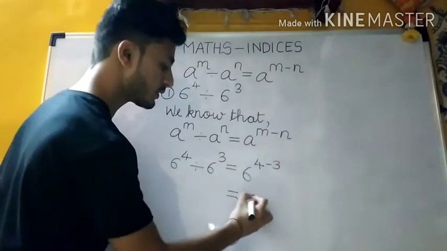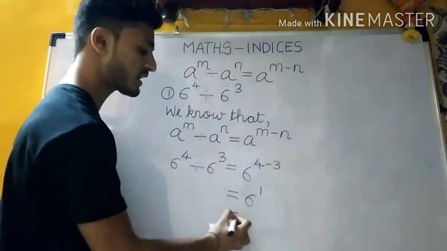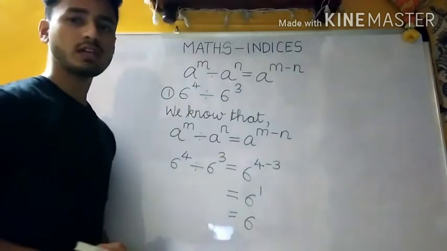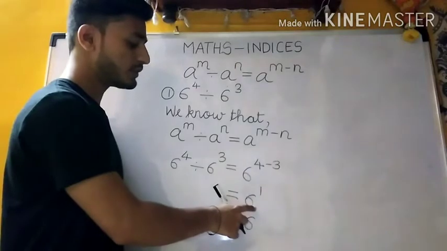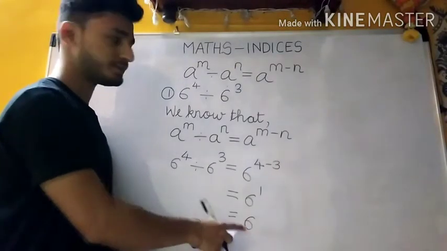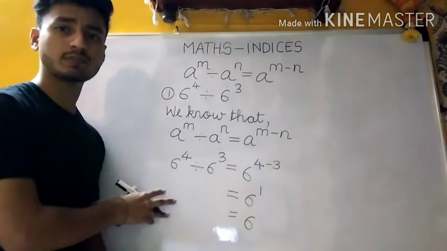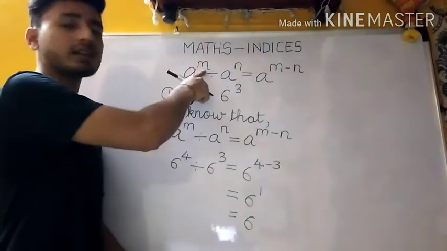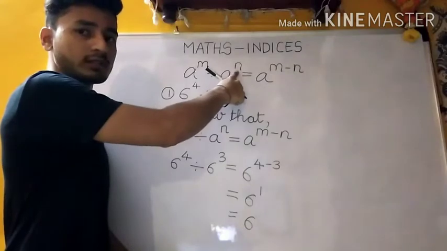The answer is 6 raised to the power 1, or you can just write 6, because a number having the power 1 is the number itself. So this was case number 1, where m was a bigger number and n was a smaller number.